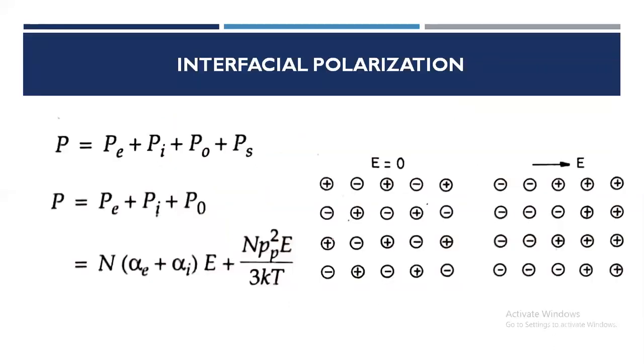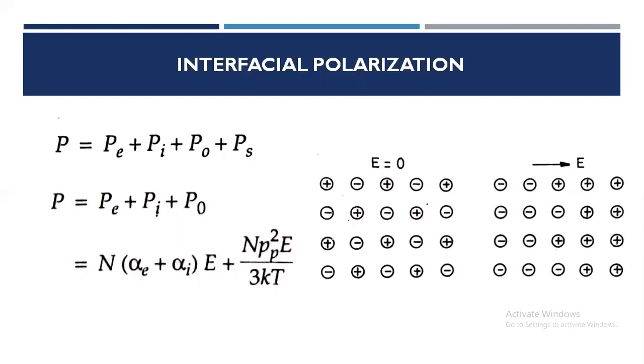Now next we will see the interfacial polarization. The three mechanisms of polarization are characterized by an electronic polarizability, an ionic polarizability, and an orientational polarizability, due to the charges that are locally bound in atoms, in molecules, or in the structure of solids and liquids.